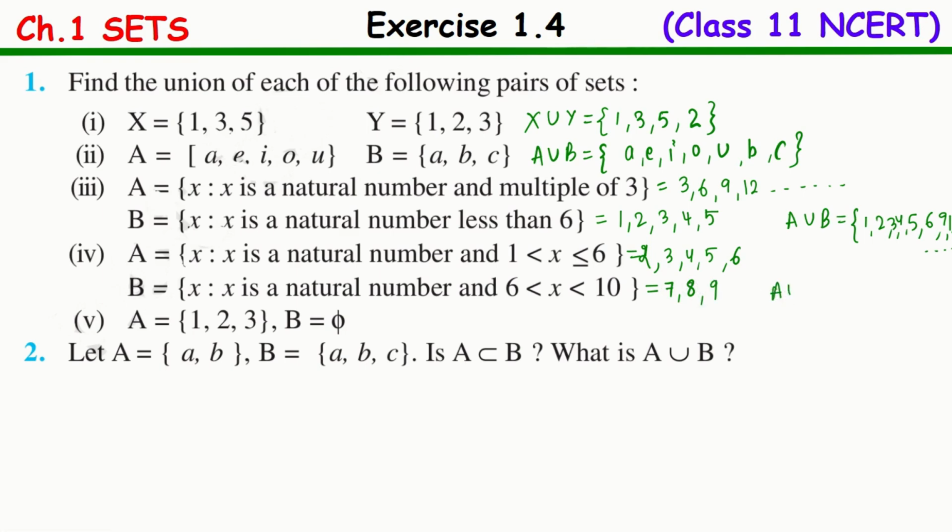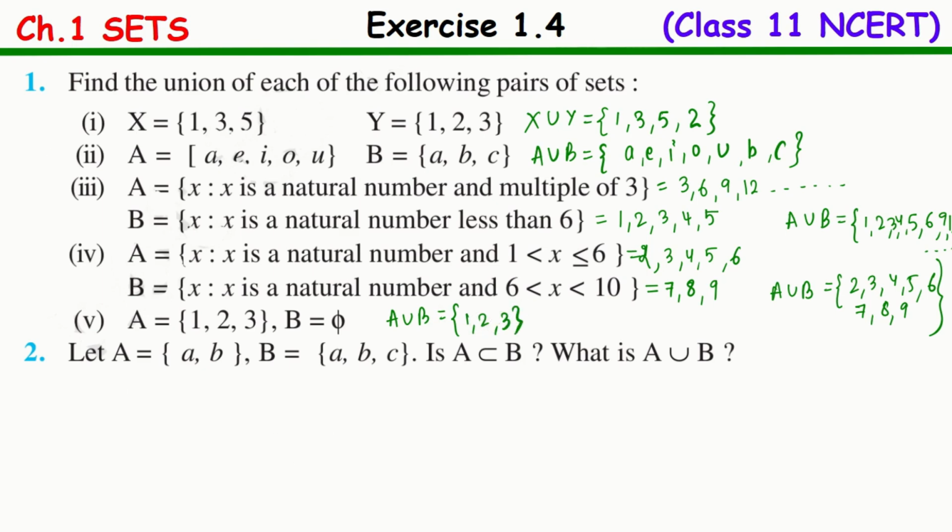Now A union B will be all the elements of A as well as B. So it will be 2, 3, 4, 5, 6, 7, 8 and 9. Fifth: A is 1, 2, 3 and B is the empty set. So A union B will be 1, 2 and 3.